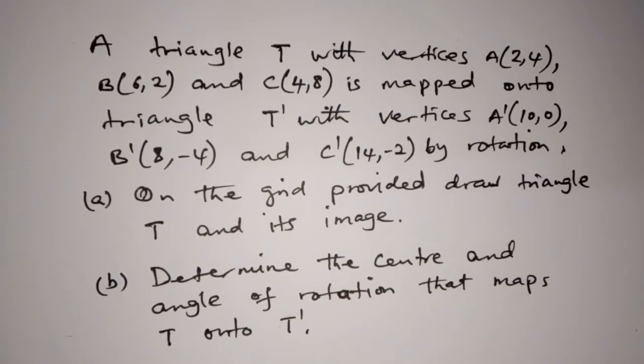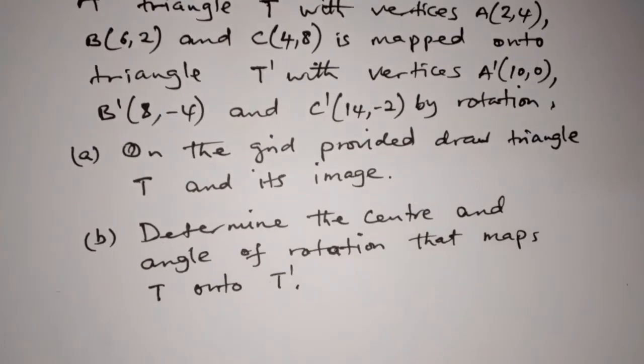Part A. On the grid provided, draw triangle T and its image. Part B. Determine the center and angle of rotation that maps T onto T prime.